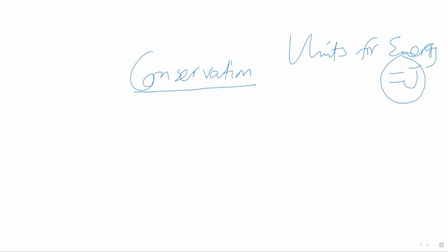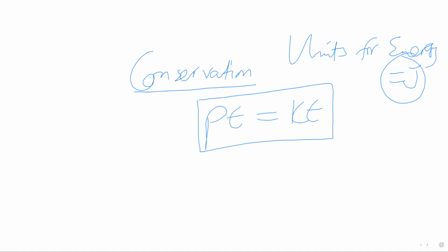If you are doing work, energy will not be destroyed. It will just be converted from one form into another. If it is potential energy, it will be converted into kinetic energy. Now, this only applies if there is no external force. Sometimes the question clearly states there is no resistance.